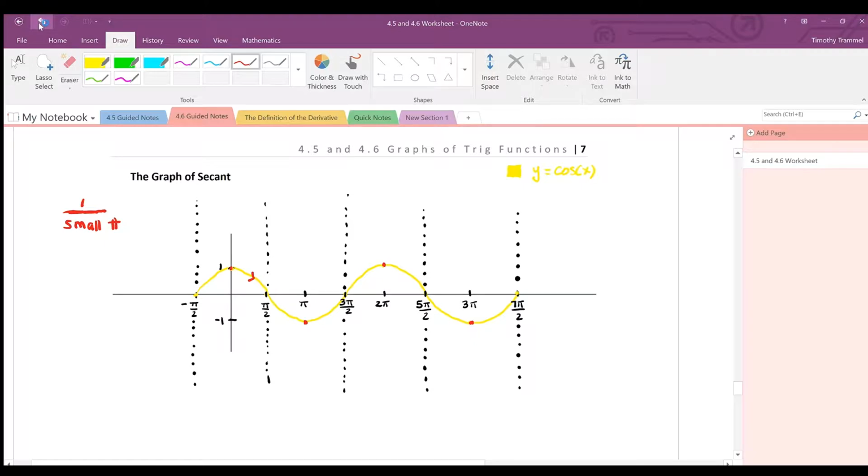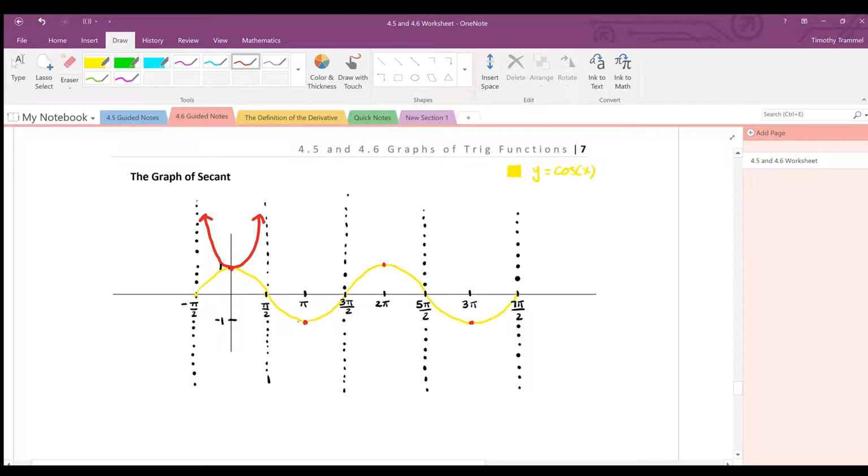Let's go ahead and sketch that. Let me get rid of a little bit of this though. There we go. All right, and so this is one of my favorite ones to graph just because it's so easy.